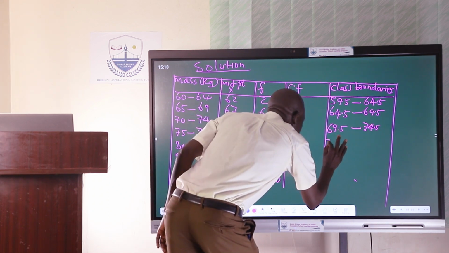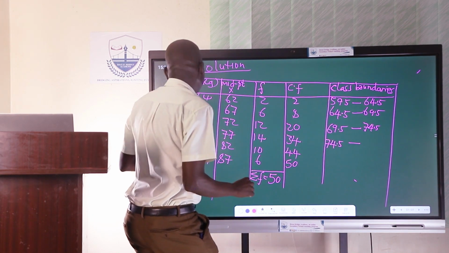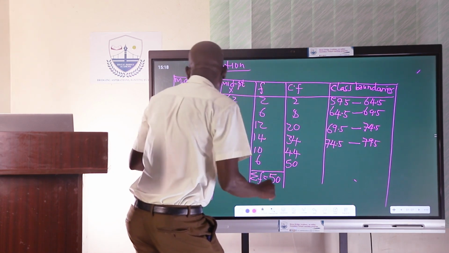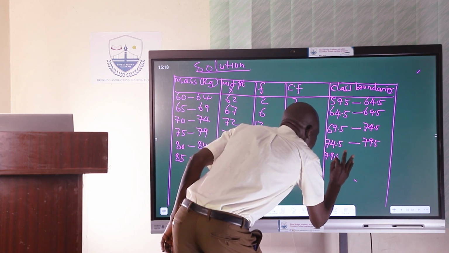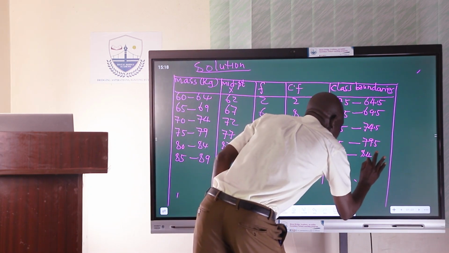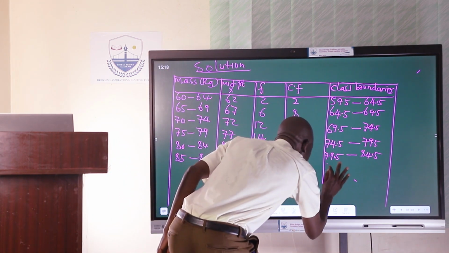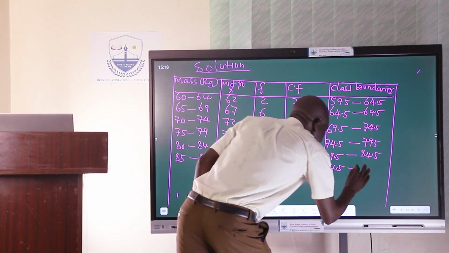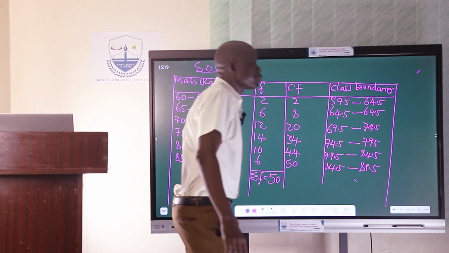The next will be 74.5 to 79.5. The next will be 79.5 to 84.5, and the last one will be 84.5 to 89.5, using the same procedure.